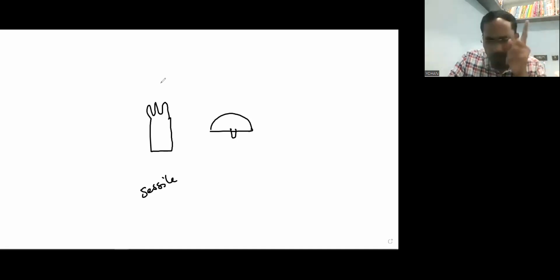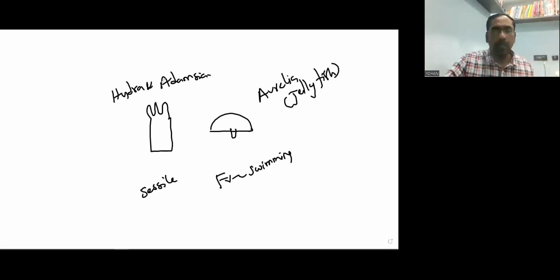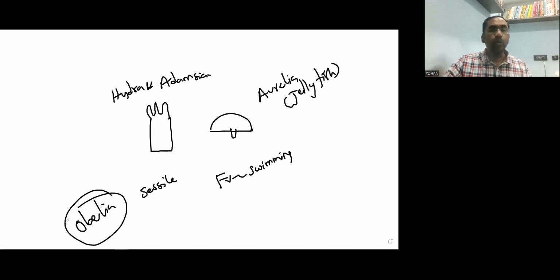And very, very important: in some animals like Obelia, two forms are found in the life cycle. In one generation, we can find the sessile polyp form. This is the free swimming medusa form.